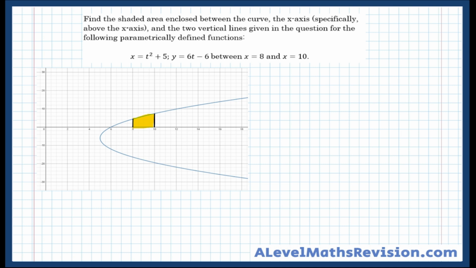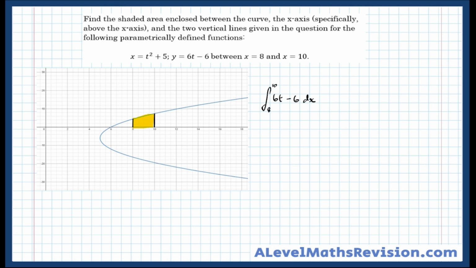So first of all, as I said before, there is no change from how we've always calculated area. We're going to do the integral of y dx. So the integral of y, which is 6t minus 6 dx, between the two limits, 8 and 10, just like that there.